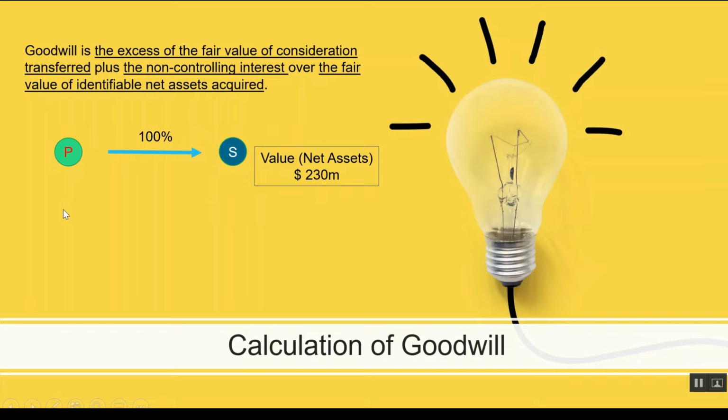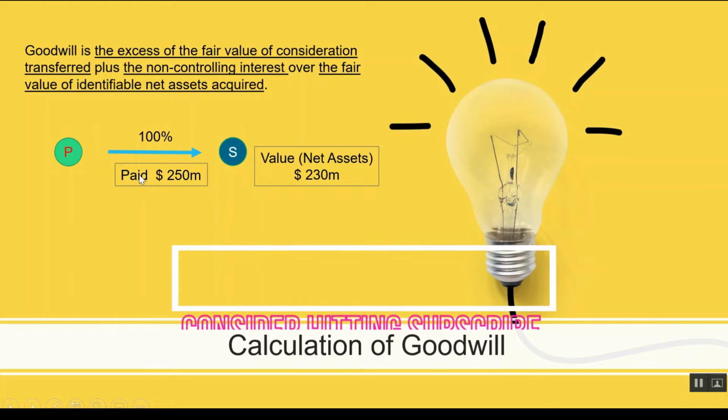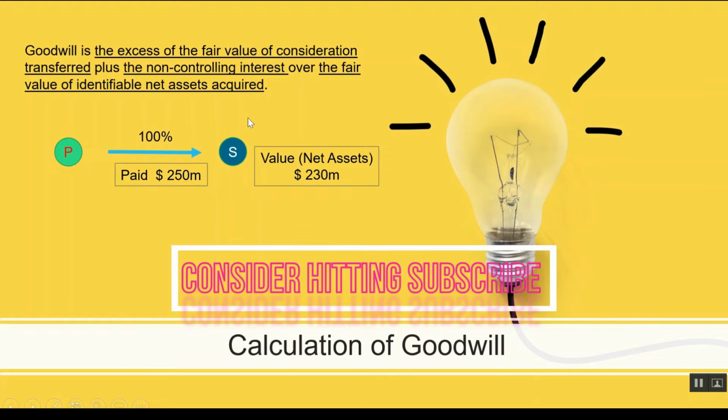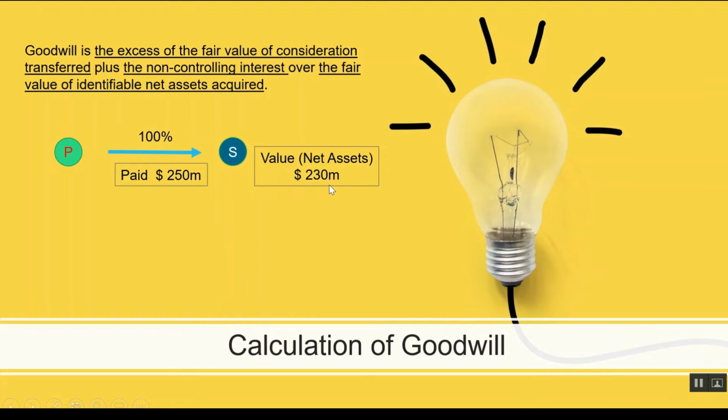To acquire company S, P has paid 250 million. So this is the purchase consideration of 250 million paid by P to acquire S. S company's value is 230 million.